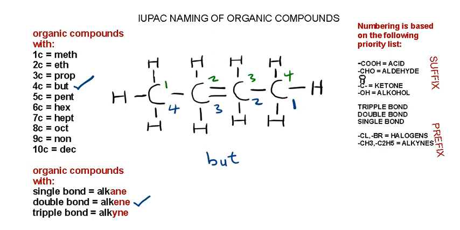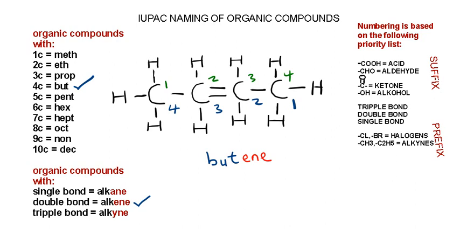Therefore, we are going to take ENE from alkene and join it to this but. So we join it, and it becomes butene.